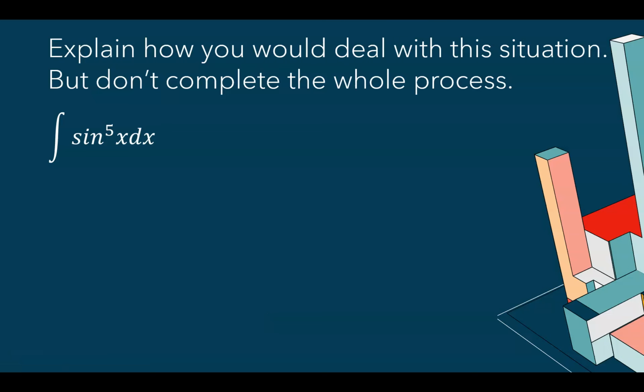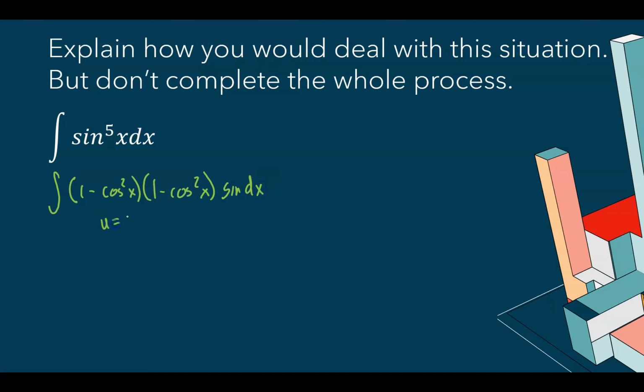How would you deal with the integral of sine to the 5th of x dx? Well, it's just like sine cubed. There's just a little more algebra. So one of the sine squareds becomes 1 minus cosine squared. The other sine squared also becomes 1 minus cosine squared. And you have a leftover sine of x dx.